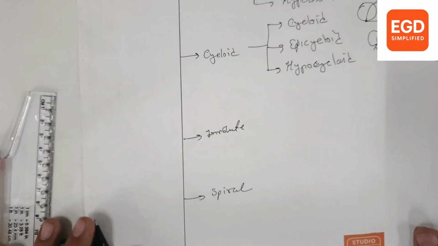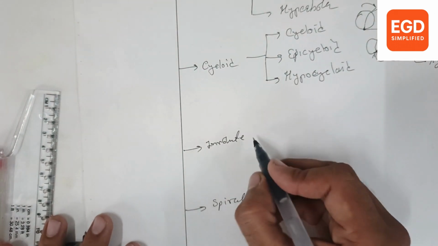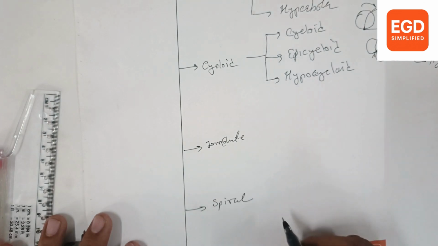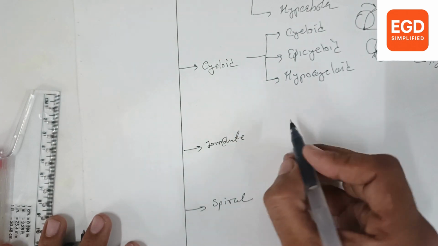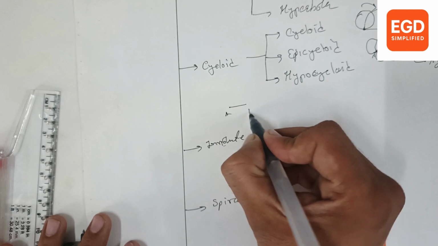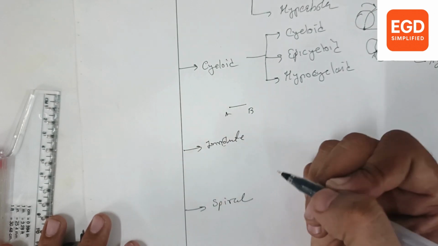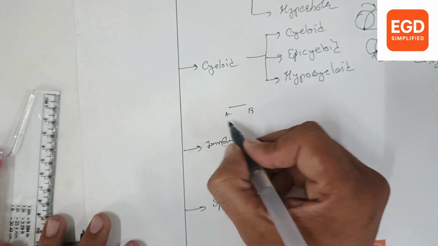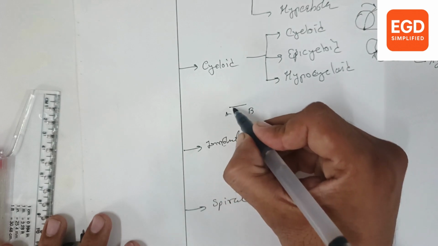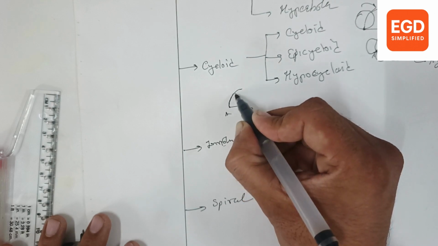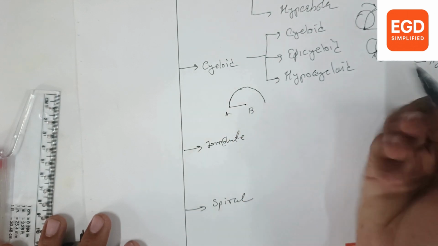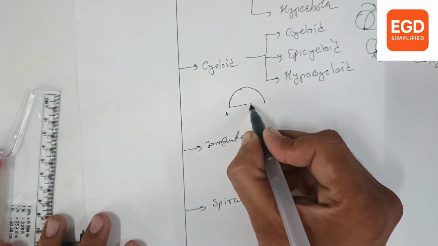Okay, next one is involute. Suppose there is a line on which we have wound a string. Now during unwinding, the string will open like this, with point B as the center, unwinding till this point.